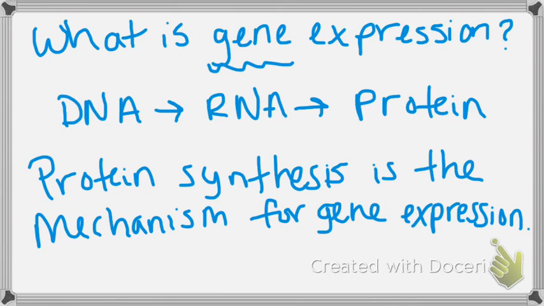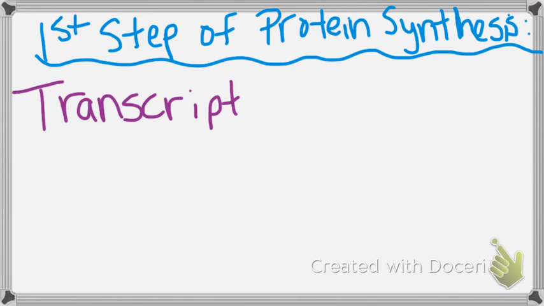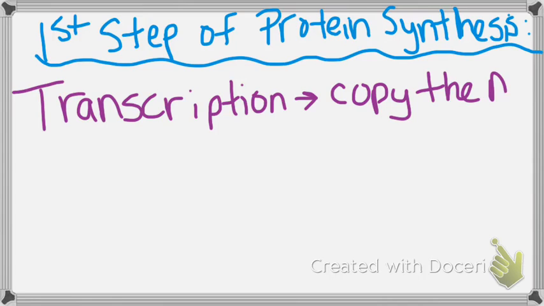It is how we're going to go from our DNA sequences to producing an actual physical protein. The first step of protein synthesis is going to be transcription. Transcription is simply going to mean to make a copy of the DNA. So we copy the DNA.